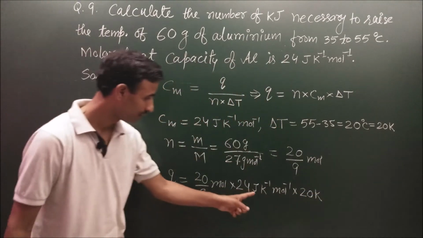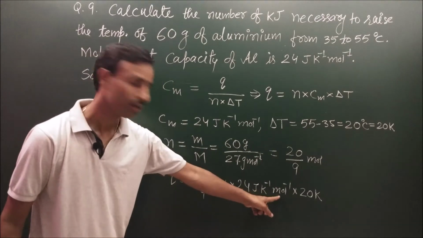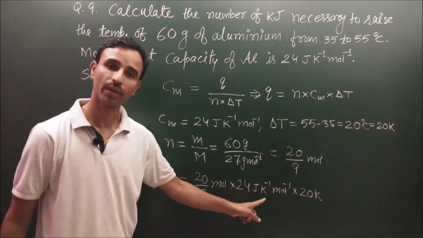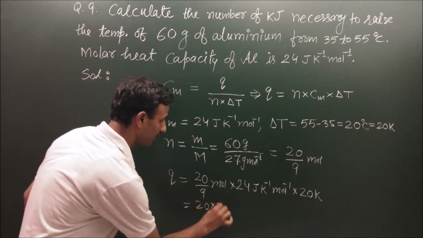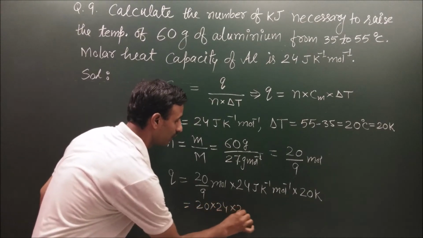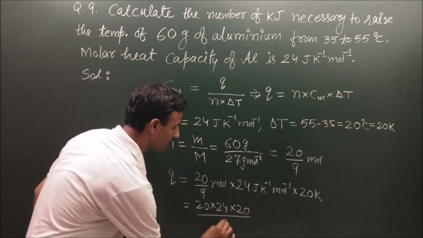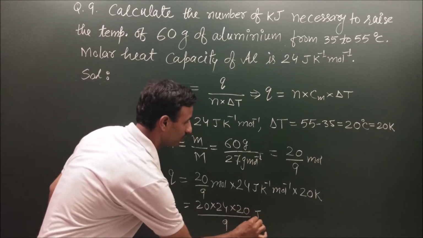So in this way, mole per mole cancel, Kelvin per Kelvin cancel, we get 20 into 24 into 20 divided by 9 joule.